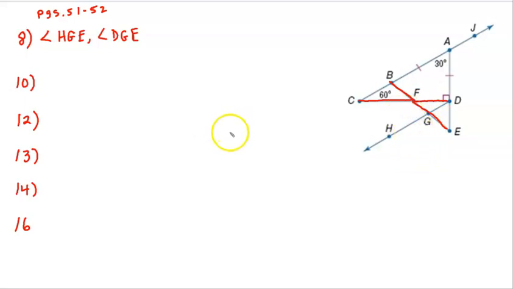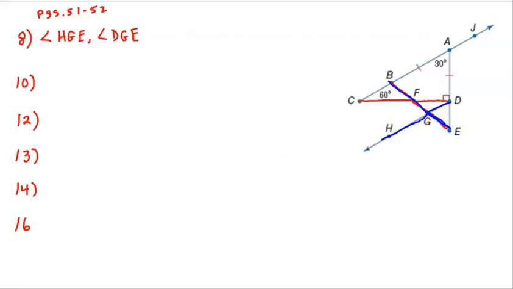Another one, if you've already done this and you want to know if this is right, I'll do a different color for this one. HGE would be a vertical angle with BGD. And I guess that'll do it.